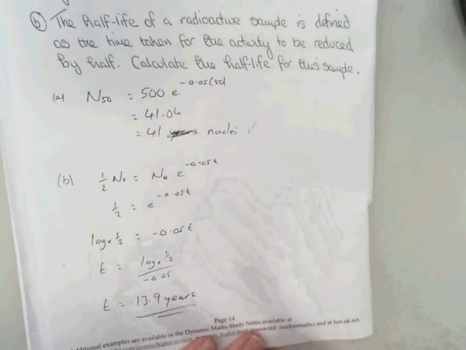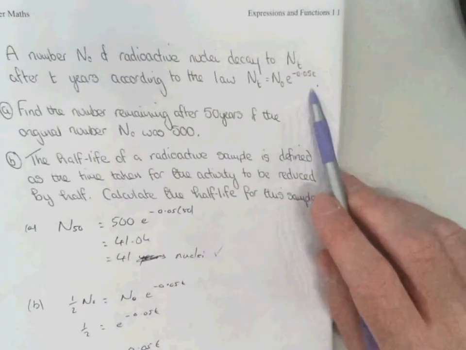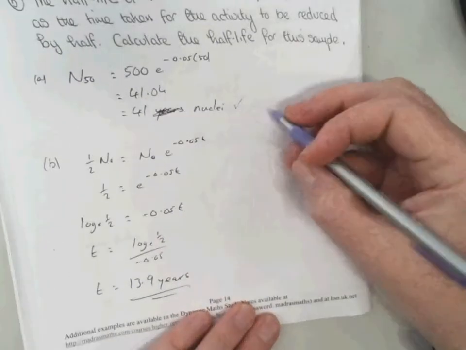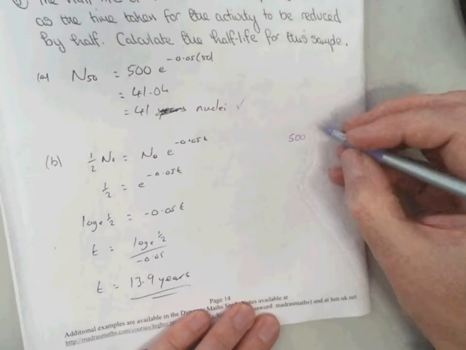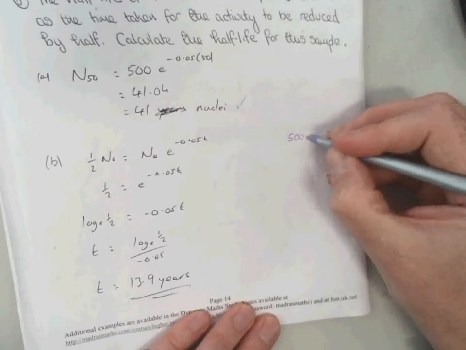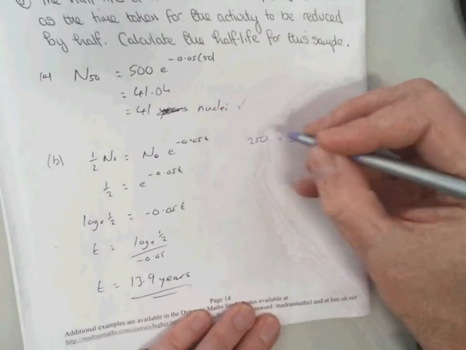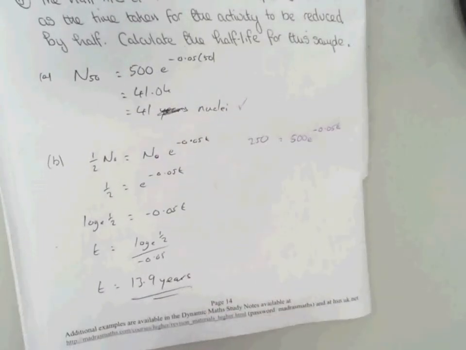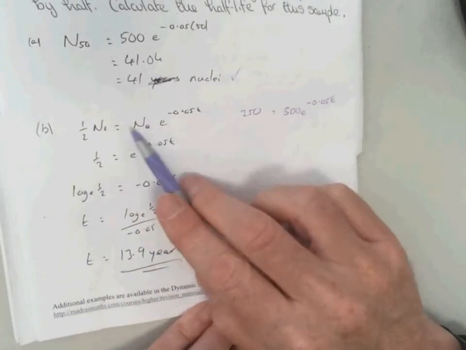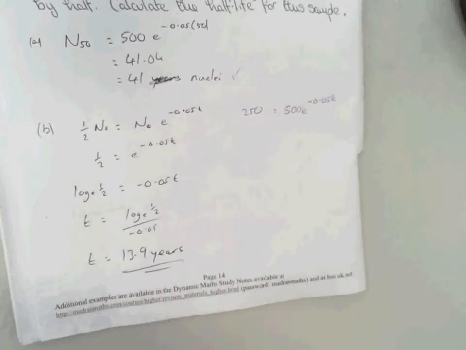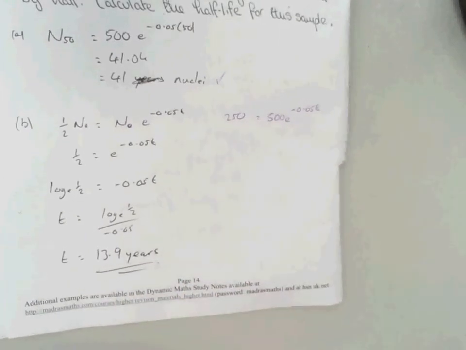If you don't like that idea, find out what there is initially, so substitute 0 into our original equation, and we'd find out that there's 500 nuclei originally, and just work out half of that, which would be 250. I prefer to see the first way, but if you're not happy with this idea, it does catch one or two people out. Just find out the initial amount and halve it.